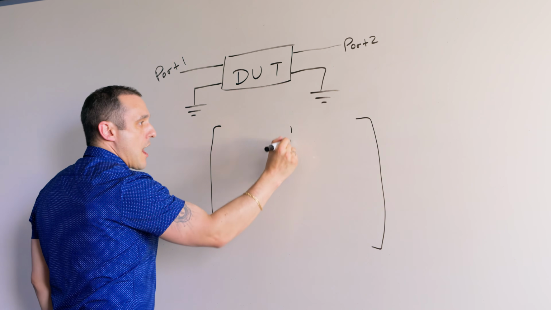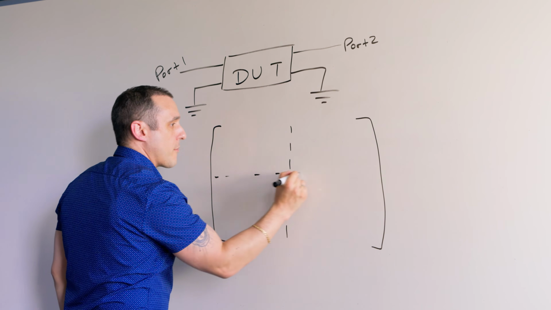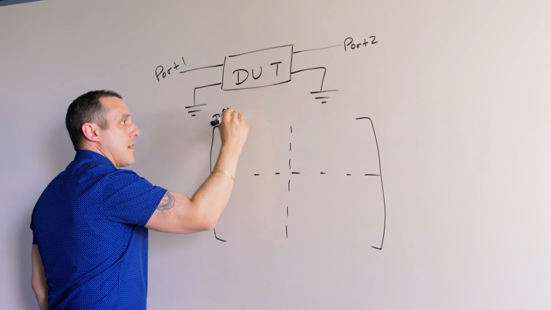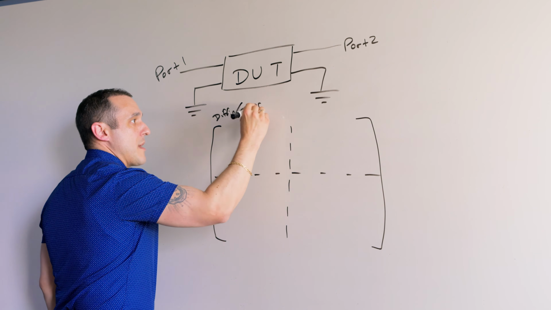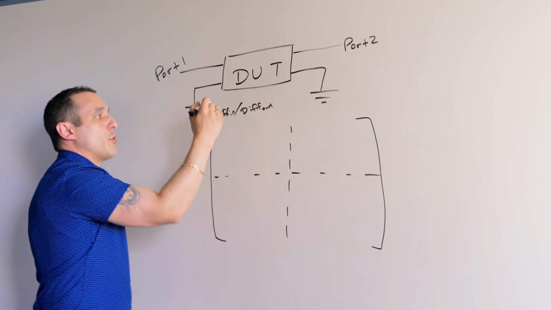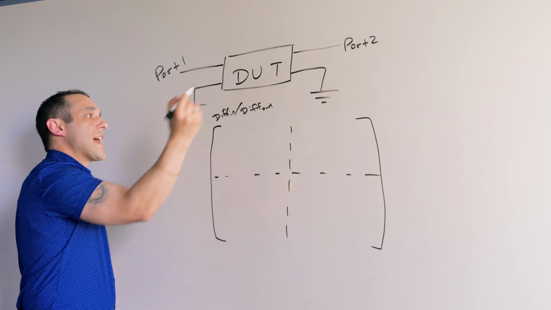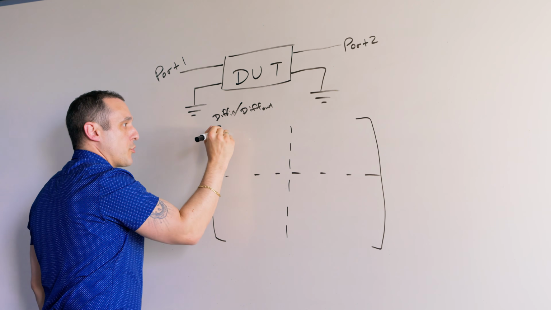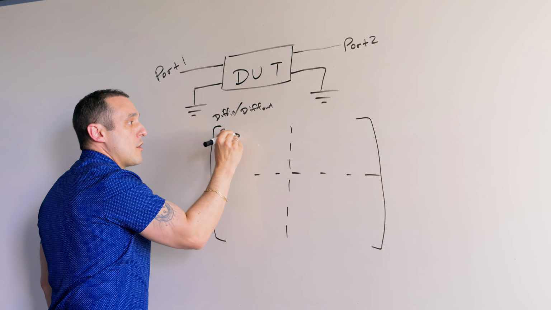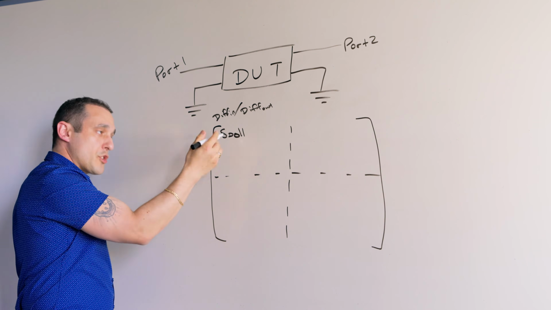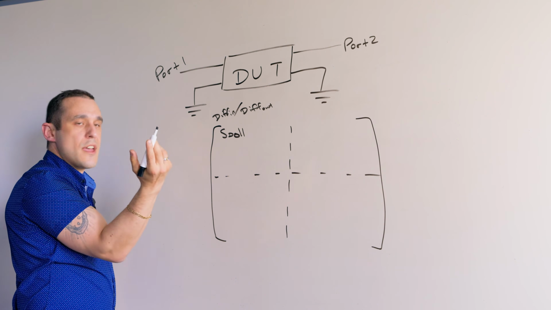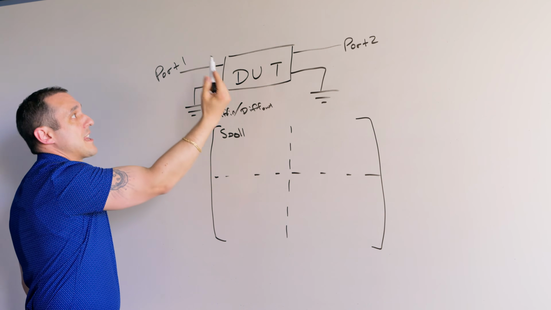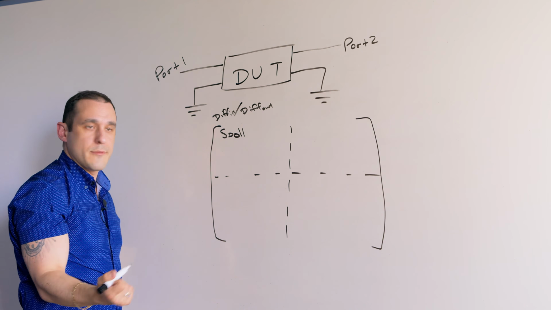In the top left quadrant of our matrix, we have our differential in, differential out section. This basically means I put in some differential signal or noise and I get out differential signal or noise. The S parameters are written pretty easily. We just write SDD11. This is our return loss for differential input. If I put in some differential signal, some of it reflects and I get differential signal reflected back out.